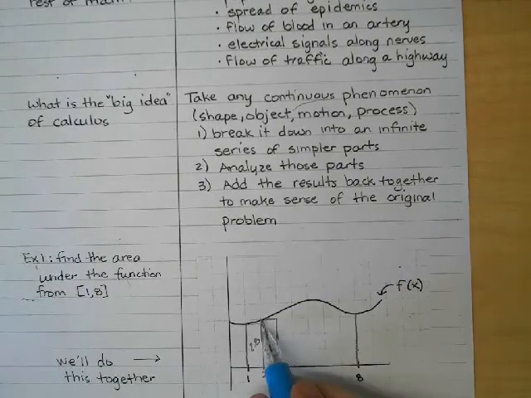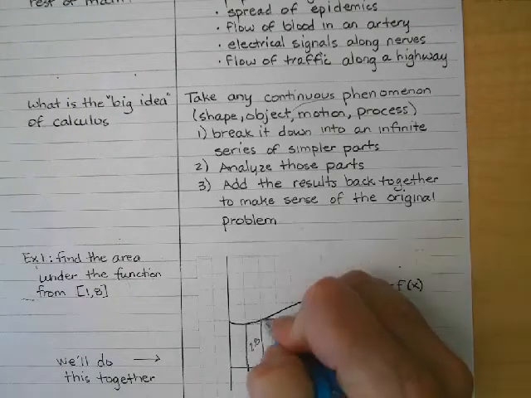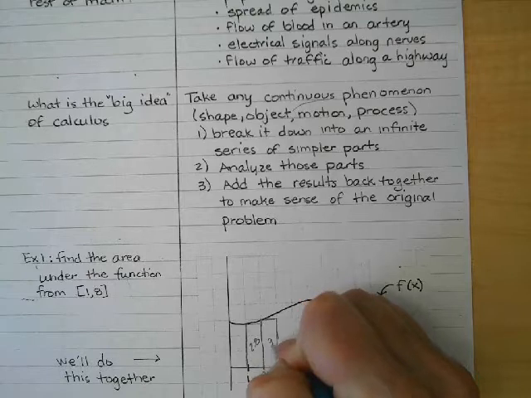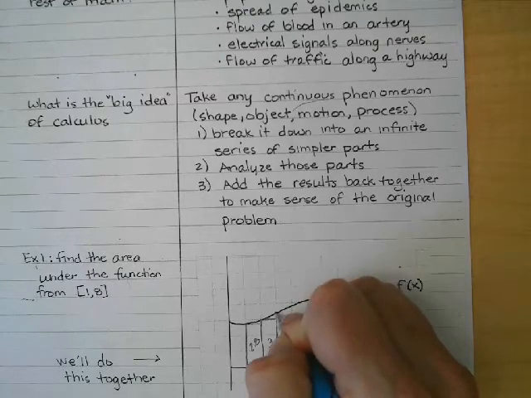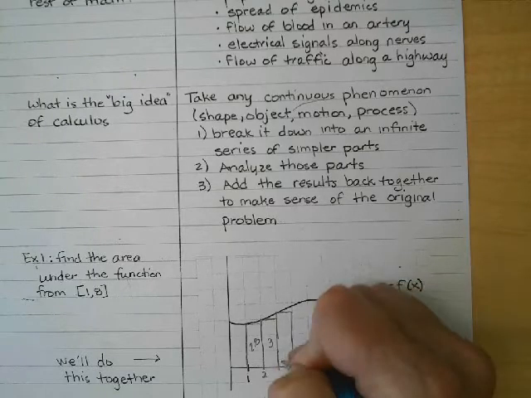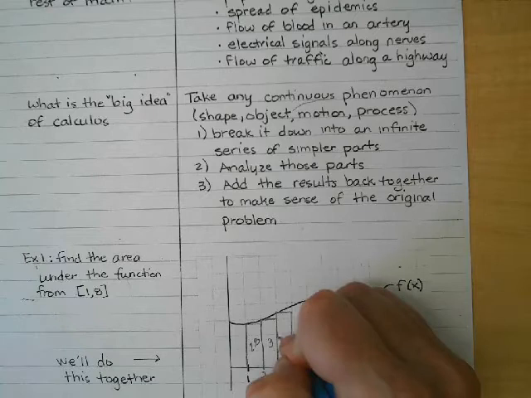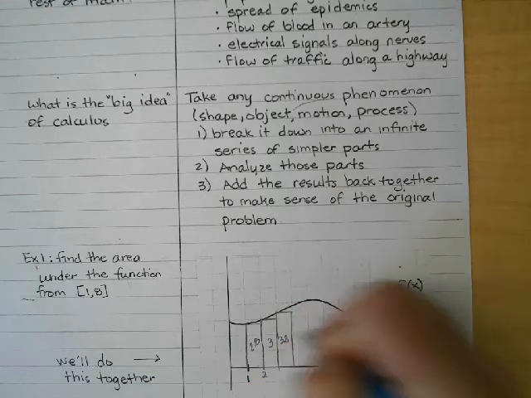Okay, so notice I go straight across right there. Well, that looks like it's at 3. 3 times 1 is 3. Okay, as I go over there, that height right there looks like it's maybe about 3.8. So 3.8 times 1.